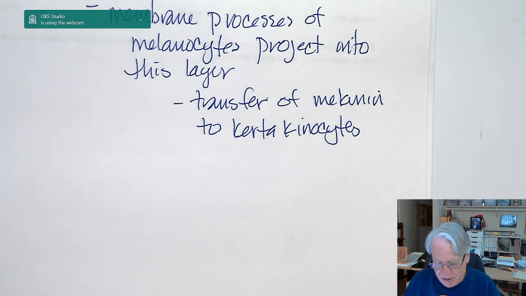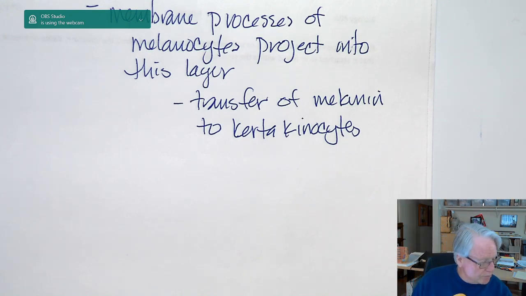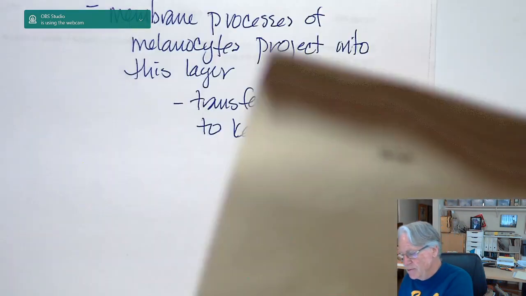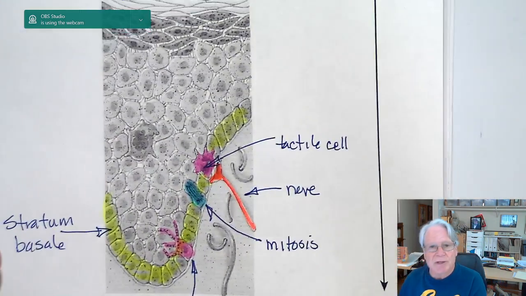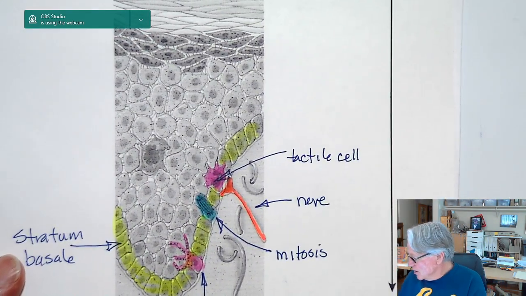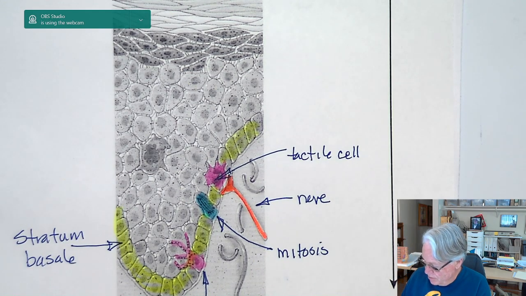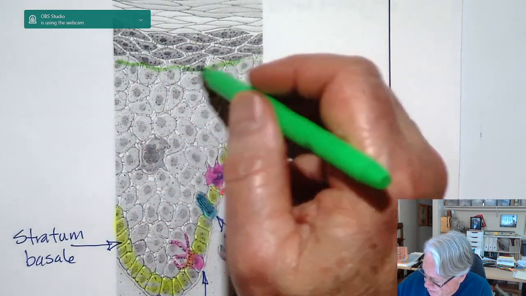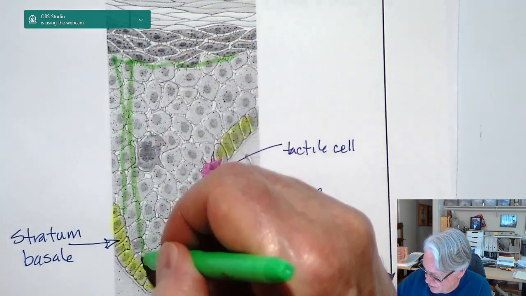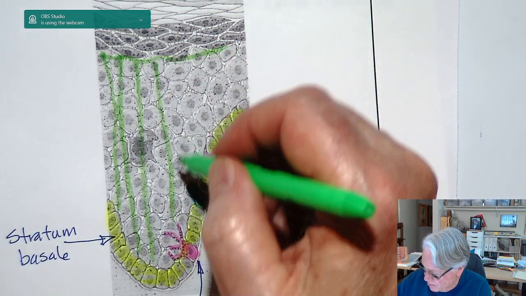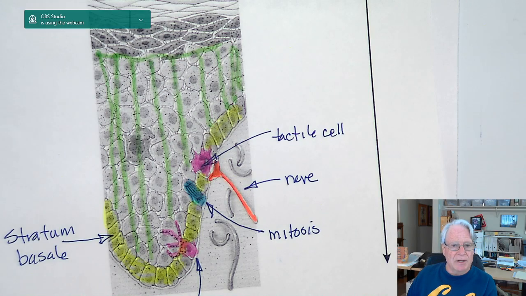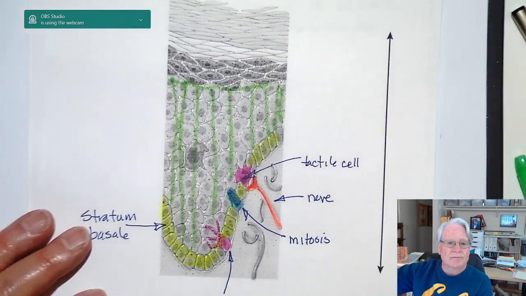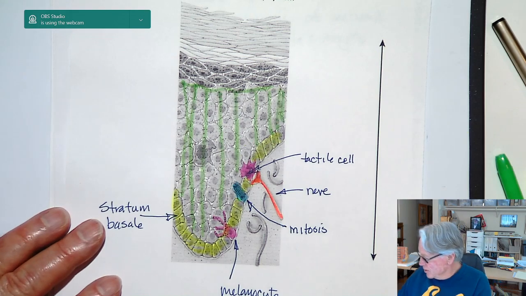What else can we say? Well, let's go ahead and bring in our drawing. Take a look at our drawing here. All right. And what color are we going to do this? Just do this in green. So here, I'm not going to try to do the whole layer, but basically all of this layer right here. That layer there. And what are we going to call that layer?